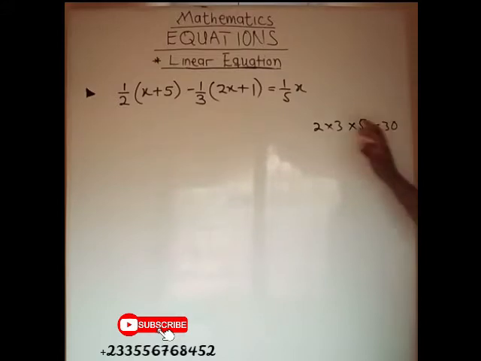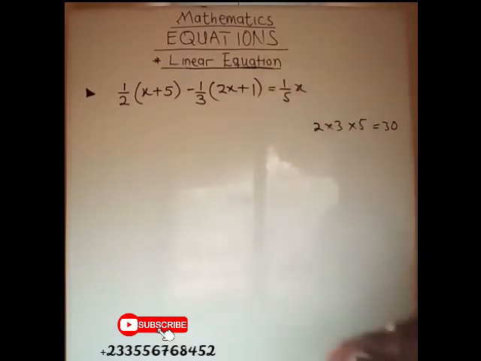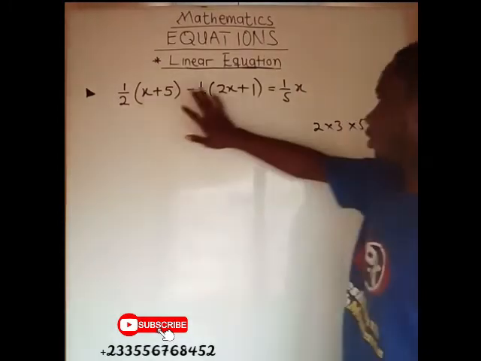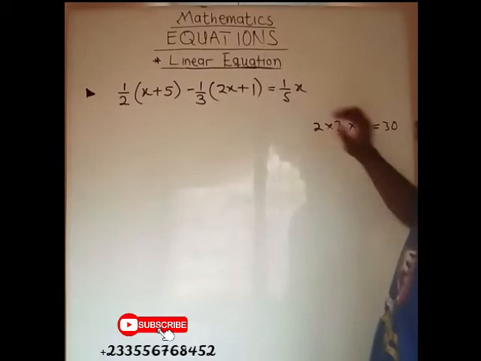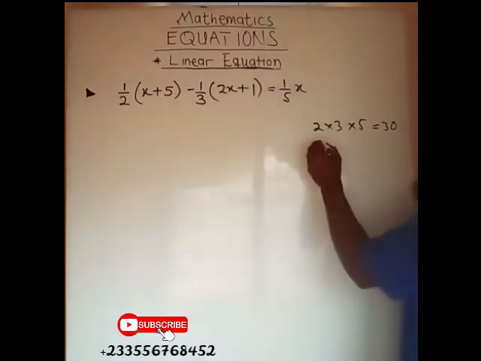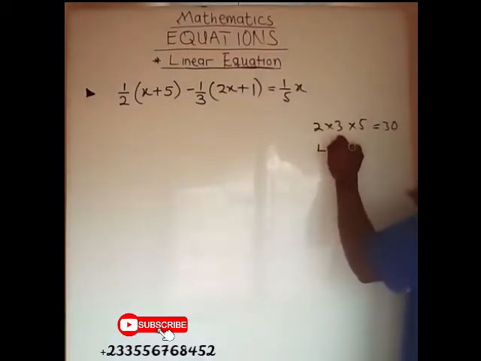So we'll use this 30 to multiply through the whole equation, and we'll multiply each term. So this is the first term, second term, and the third term. We use the LCM, which is 30.